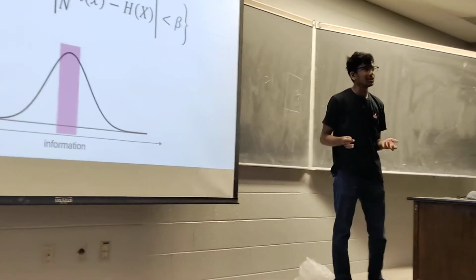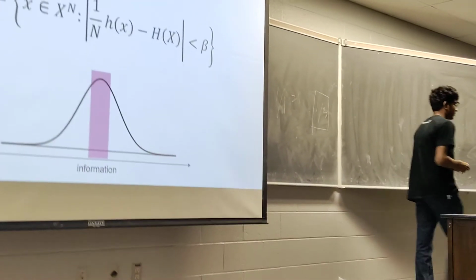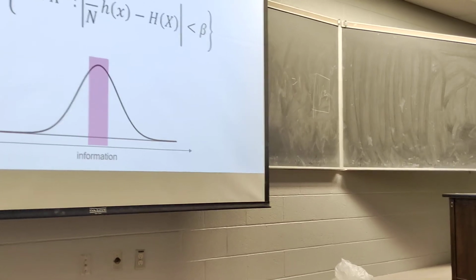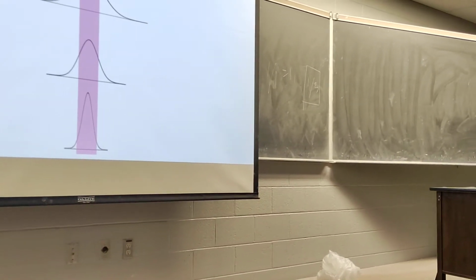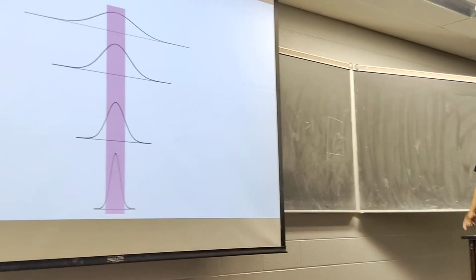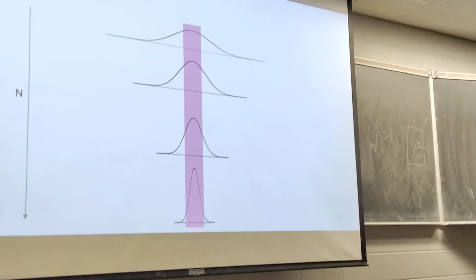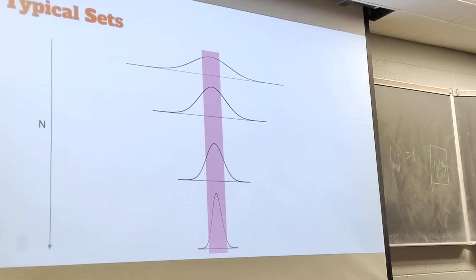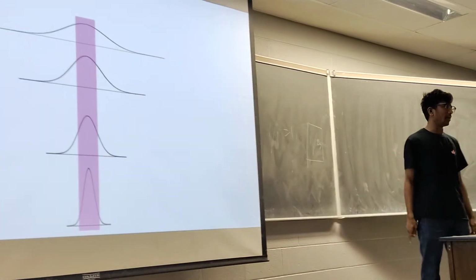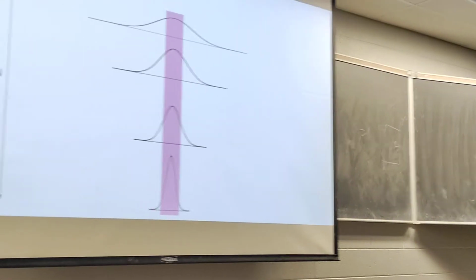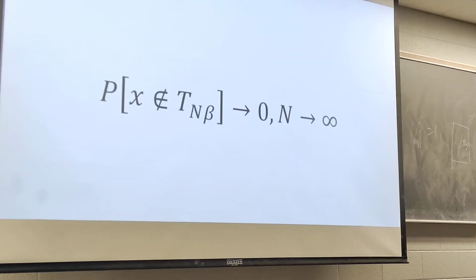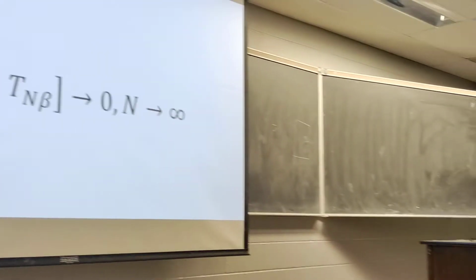And in the end, we're going to tighten beta small. As we increase n, our bell curve gets tighter, and so the probability that if we pick a random string according to our probability distribution, we pick a typical one tends to 1 as n tends to infinity. Bell curve middle. So here's that in bad notation.